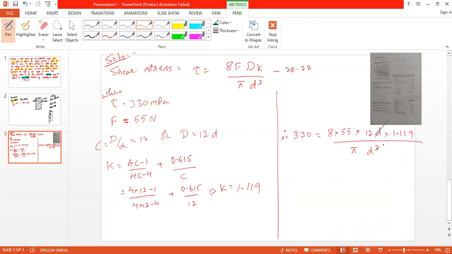So here this d goes and we get d square. So d square is equal to 8 into 55 into 12 into 1.119, divided by pi into 330. So what is the value of d?